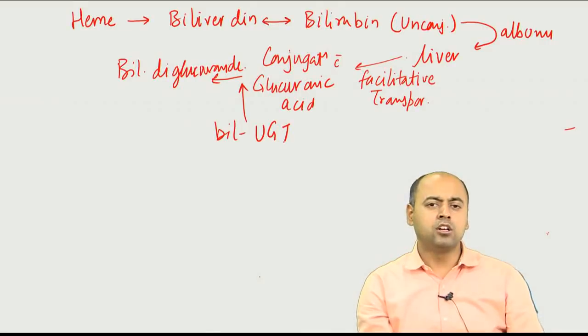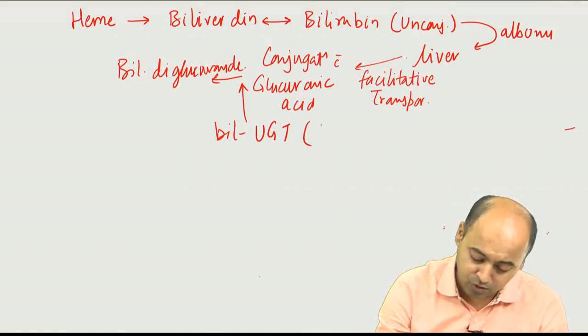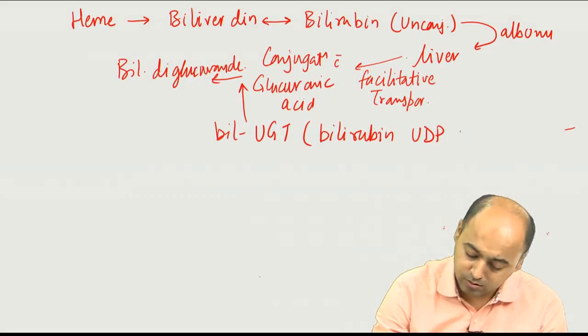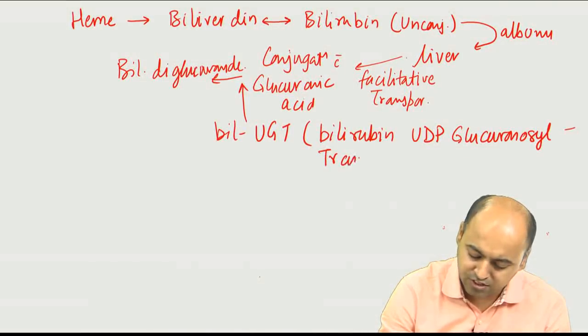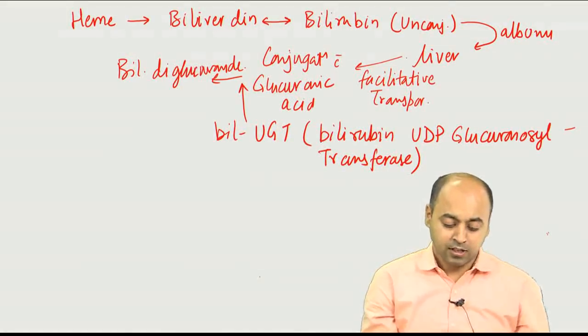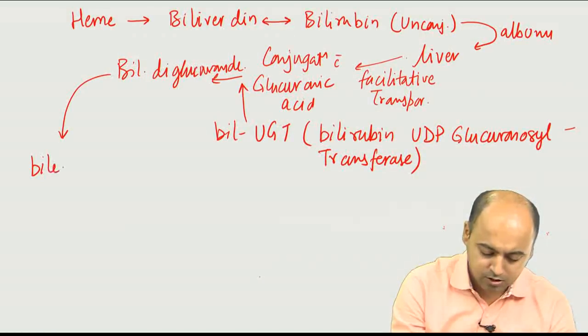The UGT stands for UDP glucuronyl transferase. The full name, if you want, is bilirubin UDP glucuronyl transferase. This bilirubin diglucuronide is then secreted into the bile canaliculi.